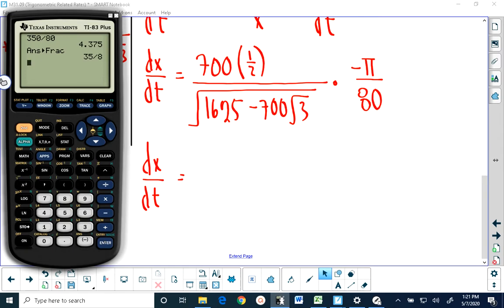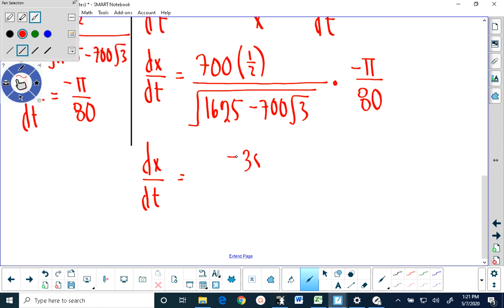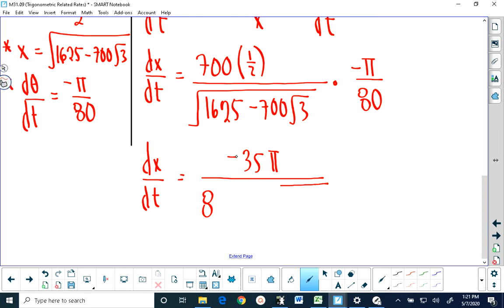We also have a negative and a pi in the numerator, which means dx/dt is negative 35 pi over 8 root 1625 minus 700 root 3.